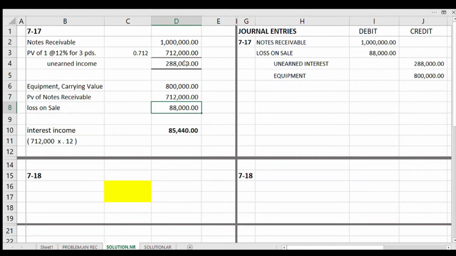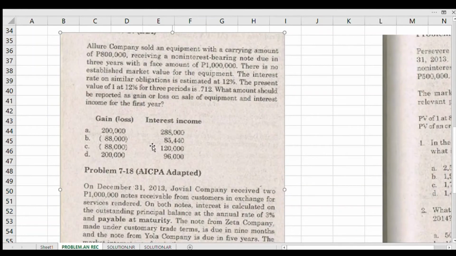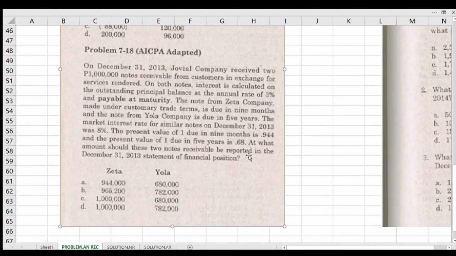Okay, so we arrive at the answers. Loss on sale 88,000, and the interest income will be 85,440. So it's going to be letter B. So let us move on to the second question.